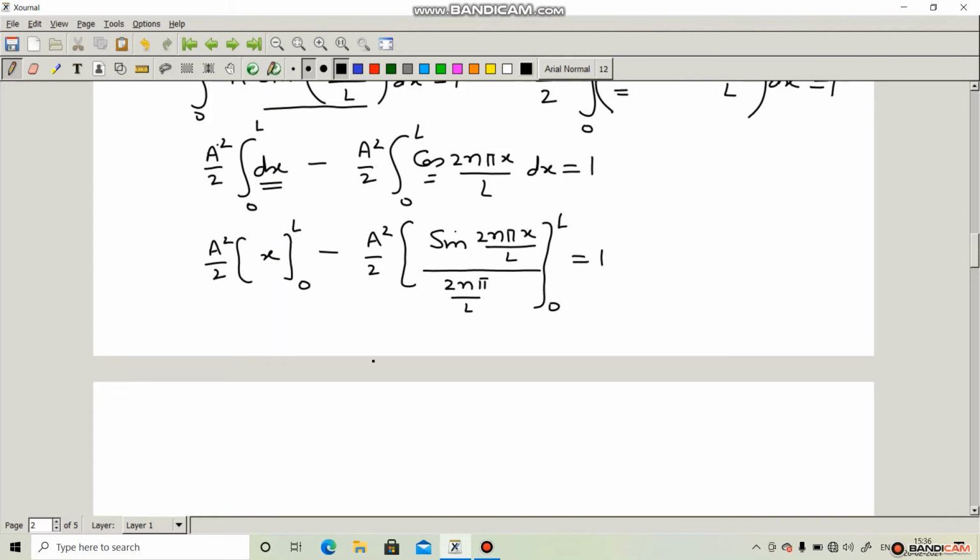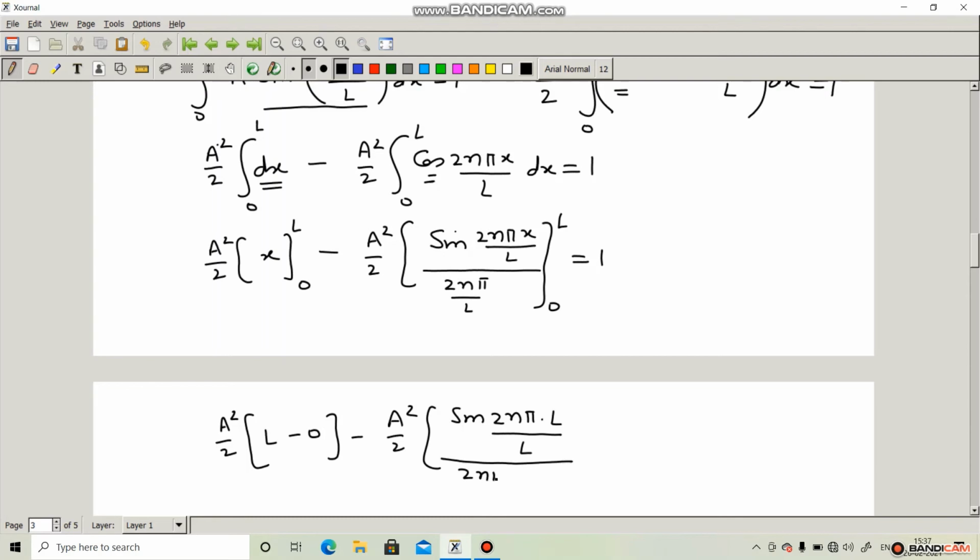And putting the value of limits, a square upon 2 upper limit L minus lower limit, minus a square upon 2 sine 2 n pi, value of upper limit L upon L, 2 n pi upon L minus lower limit 0, 2 n pi upon L, equal to 1.